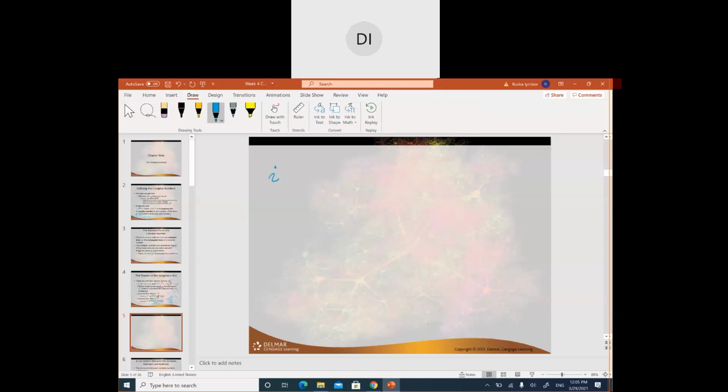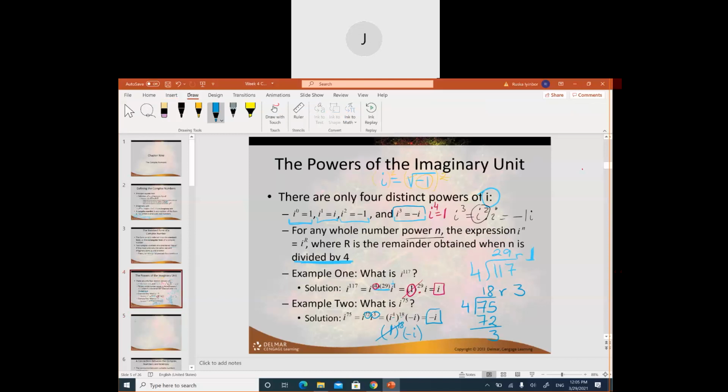Yes? I was going to ask, can you go back to page 4? I just wanted to see how you got the i to the 4 times 18. Because when you divide 75 by 4, that's going to be 18 with remainder 3.